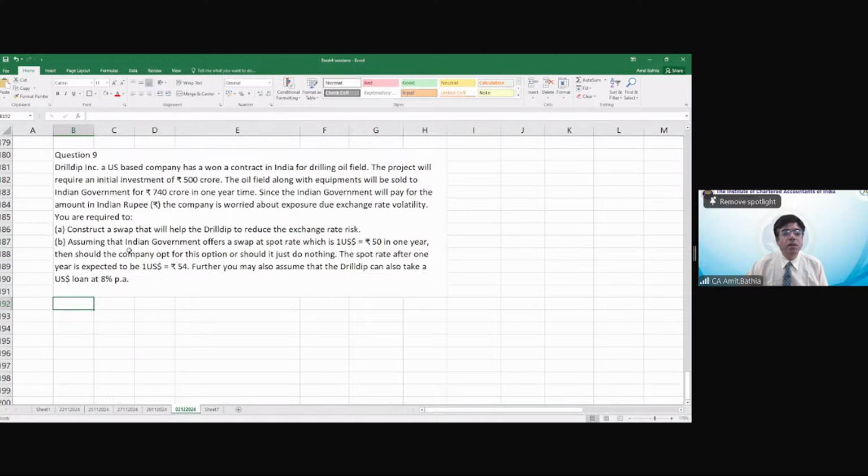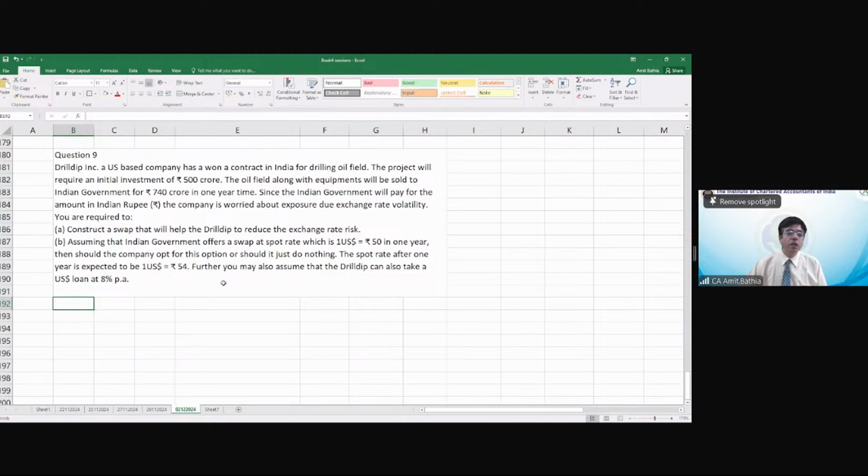Assuming that the Indian government offers a swap at the spot rate, which is $1 equal to rupees 50 in 1 year, should the company opt for this option, or should it just do nothing? The spot rate after 1 year is expected to be $1 is rupees 54. So you can see over here, the dollar is going to appreciate, or in other words, the rupee is going to depreciate.